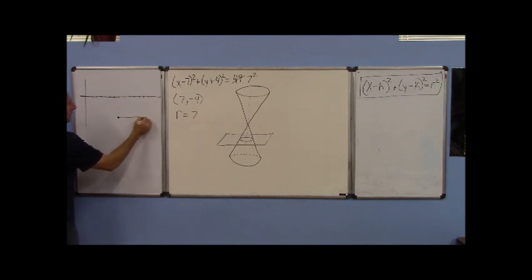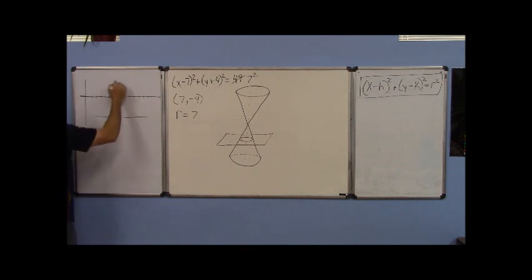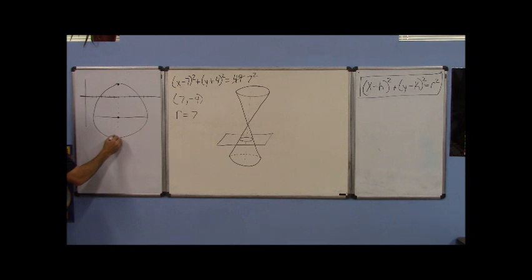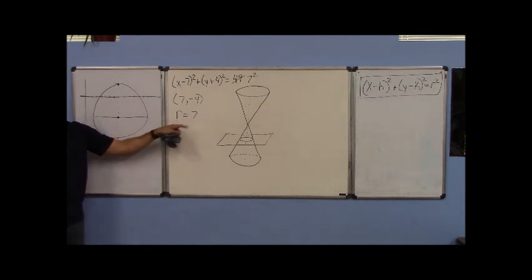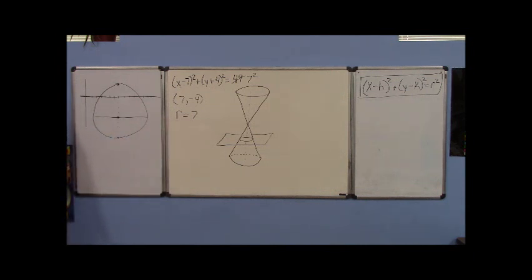So from here to here, and then here up to here. From this center point, 7 units away will end up making an exact circle all the way around. No matter where you go from here to any other part on the circle, it is going to be 7 units away from that midpoint, that center point.